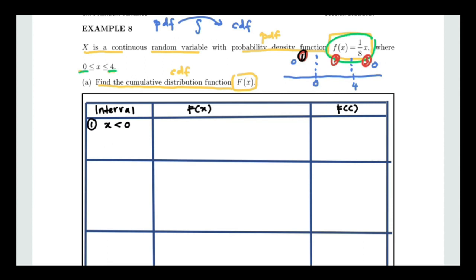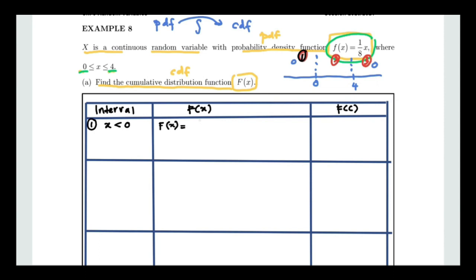So how are you going to find the capital letter F of x, or in other words, the CDF? Okay, just remember that to write the notation for CDF, you need to use the capital letter F, equals to, we're going to integrate.